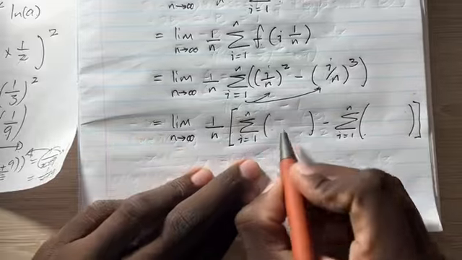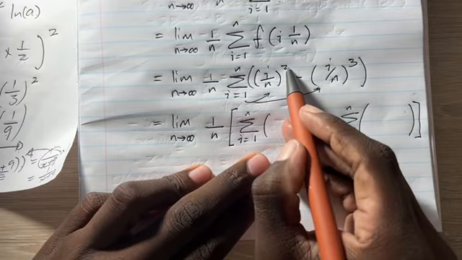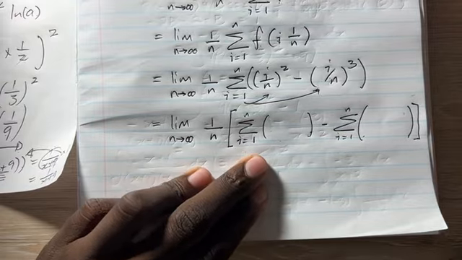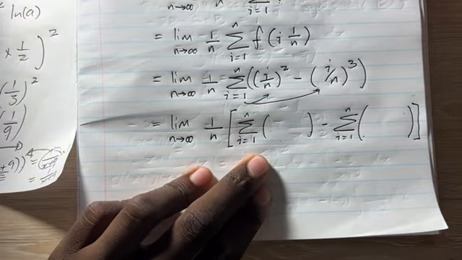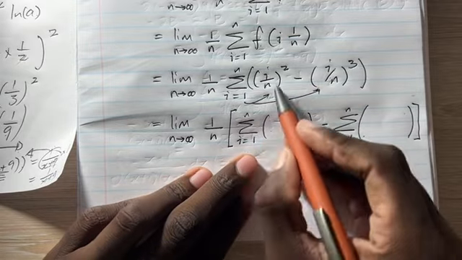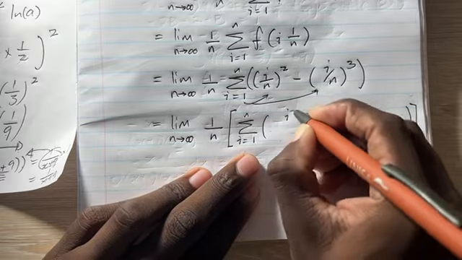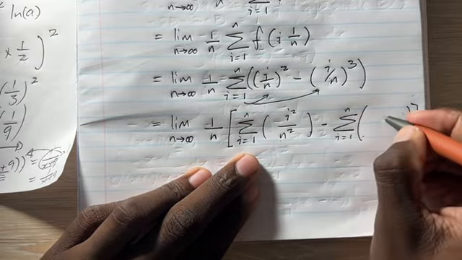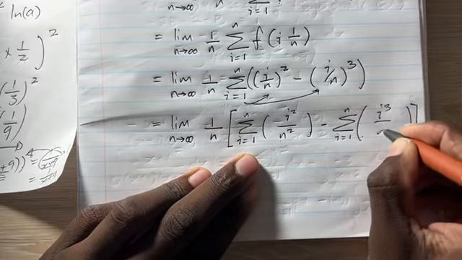Now what's the first thing? Was it really squared? I think it was squared. Okay, so that's i squared over n squared, and that's i cubed over n cubed.